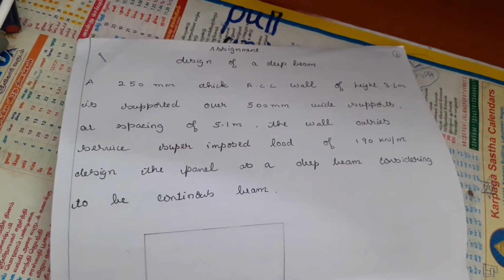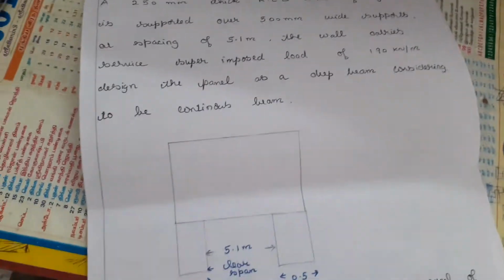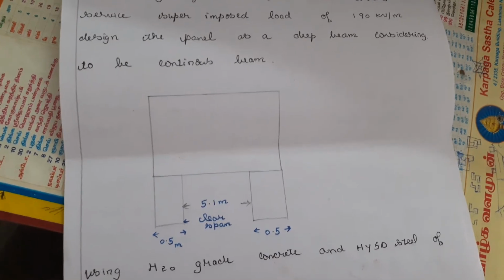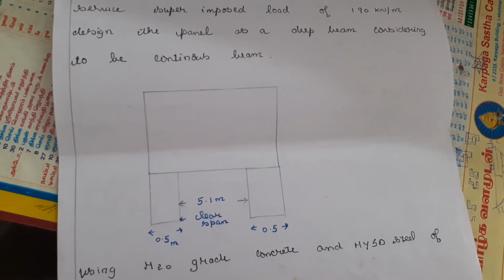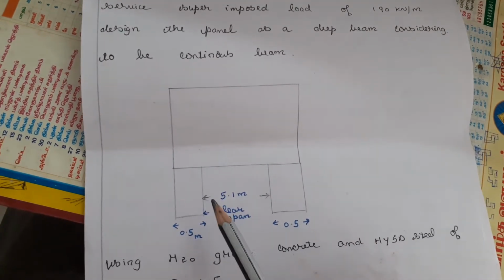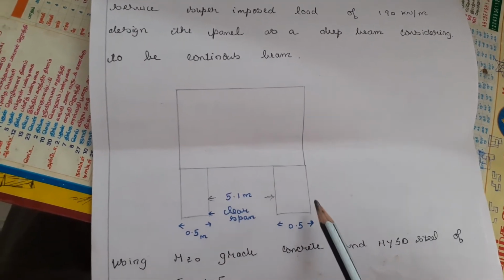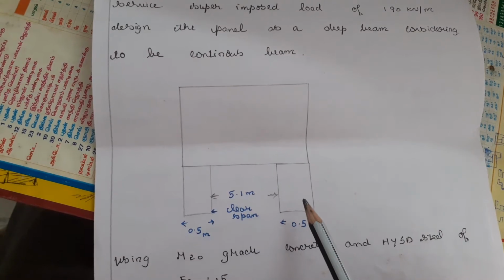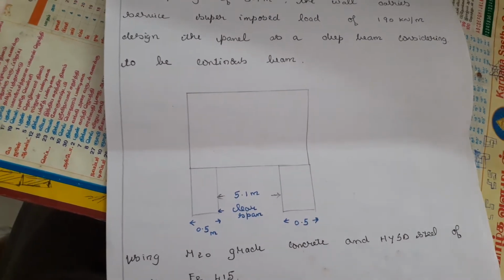So for this question we are going to design a deep beam. This is the diagrammatic representation for the question given above. 5.1 meter is the clear span and 0.5 meter is the width of the supports.